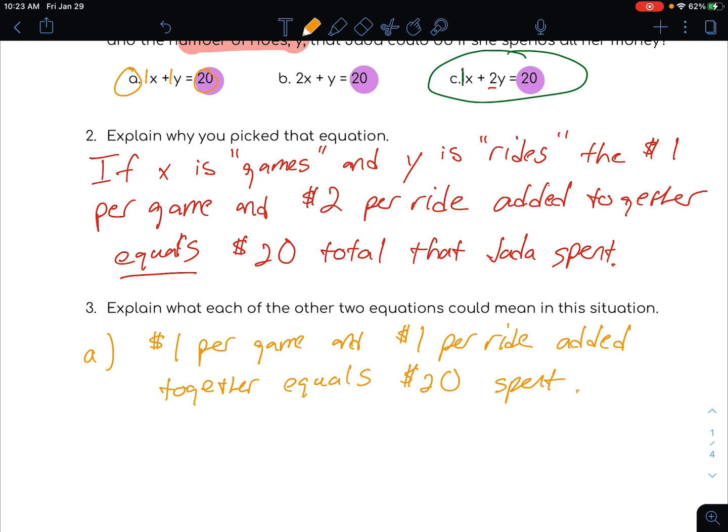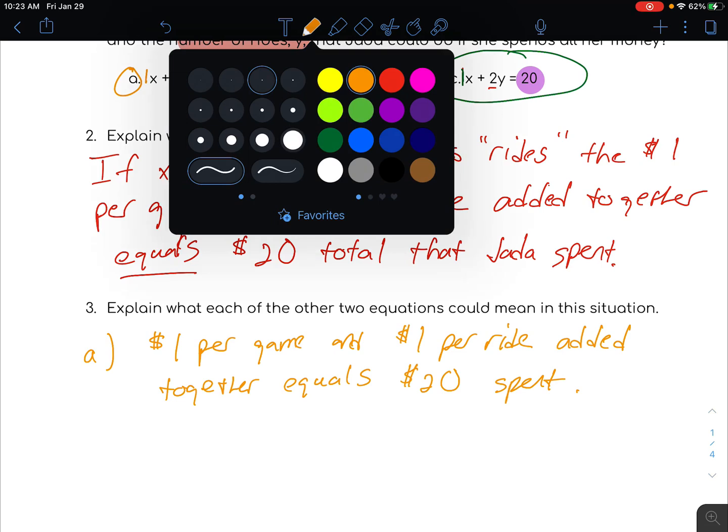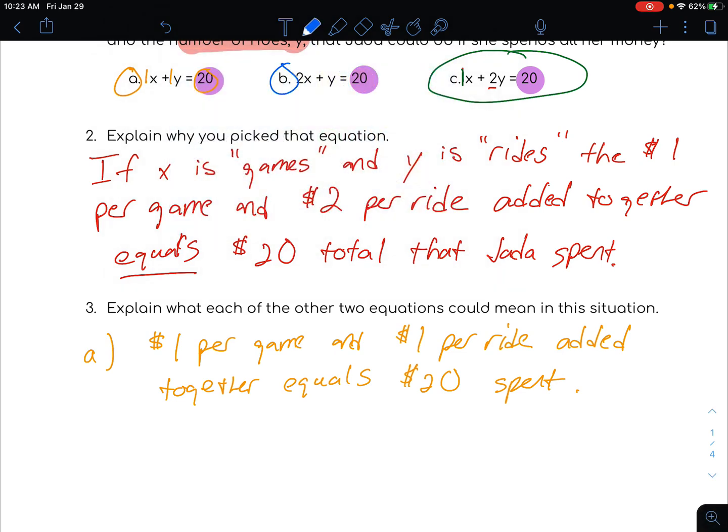If we look at the second equation, actually, no, in B, then we have $2 in front of the x. So $2 per game.